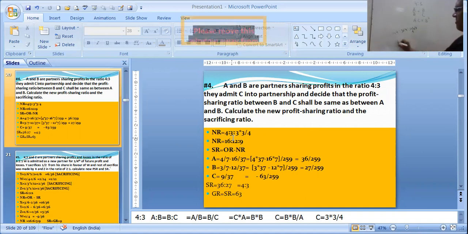So 16 is to 12 is to 9, the 4s cancel and 3 threes are 9. 16 is to 12 is to 9 is the new ratio.